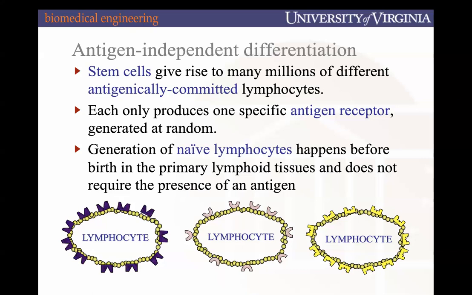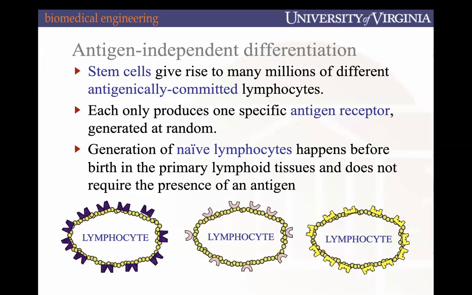Each of these cells makes one and only one antigen receptor. Their destiny is to see that one specific epitope that the antigen receptor recognizes. This is all happening before birth, as your immune system is developing; you are generating a library of lymphocytes with a library of antigen receptors.